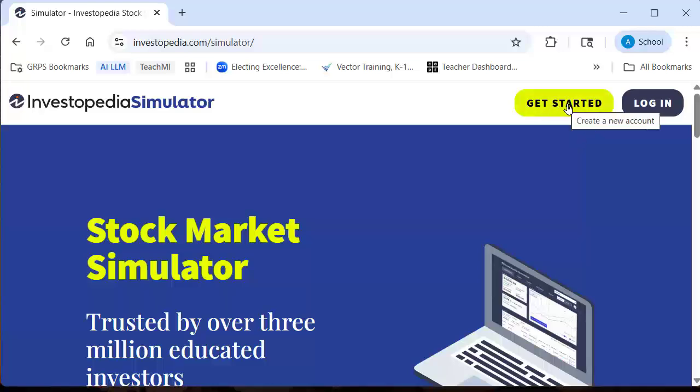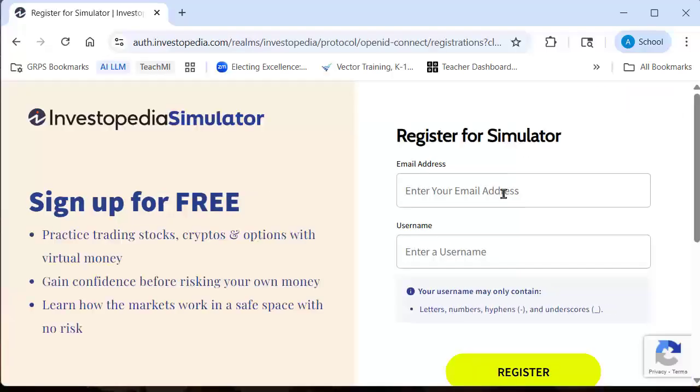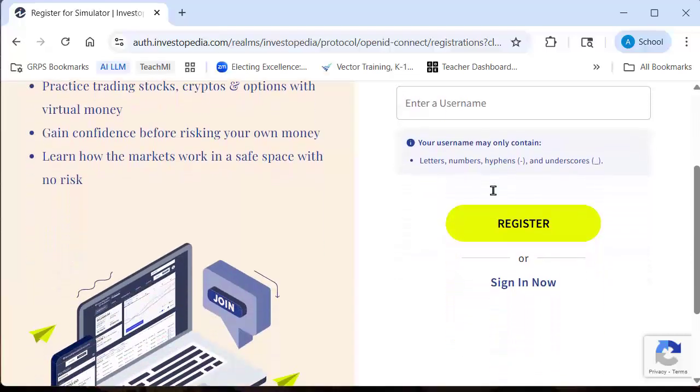If you have not yet created an account, you need to create an account. It will need to send a code to your email address. So select one. And if you need to do that right now, go ahead and do that. When you click on register for simulator, you put in an email address, a username.